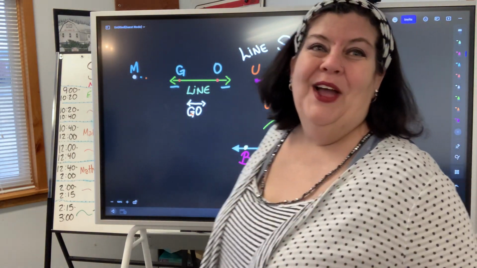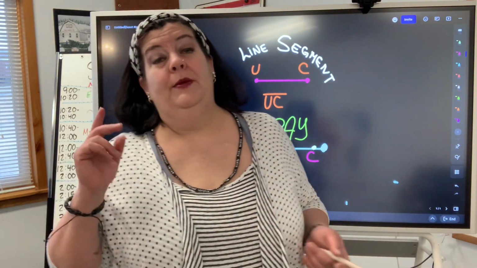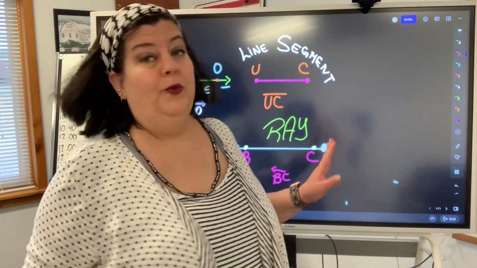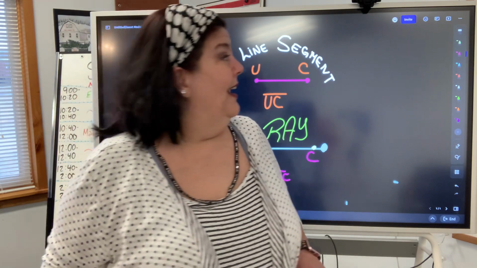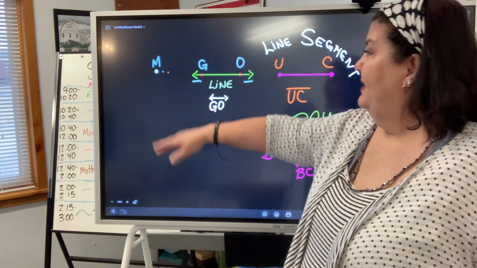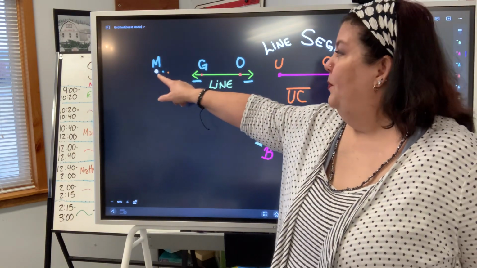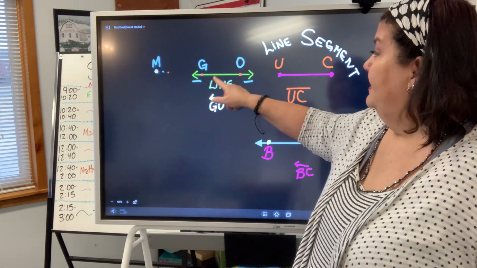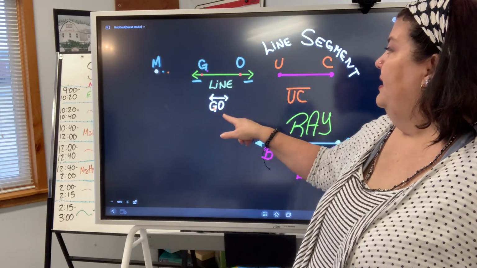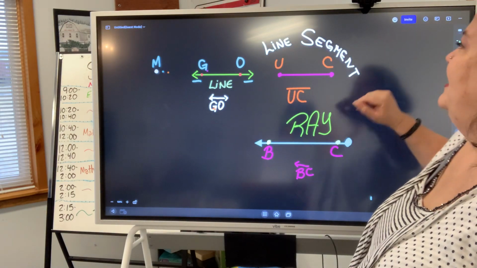So I hope you've enjoyed this class. You have some handouts that I'd like you to complete because we have to become pretty well versed on these. One more time, we have a point, the point marks and identifies, GO, and that's the identification, line GO. We have our line segment.